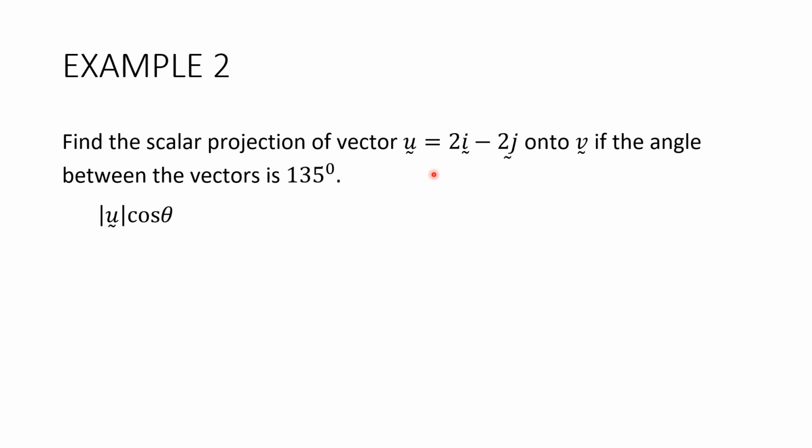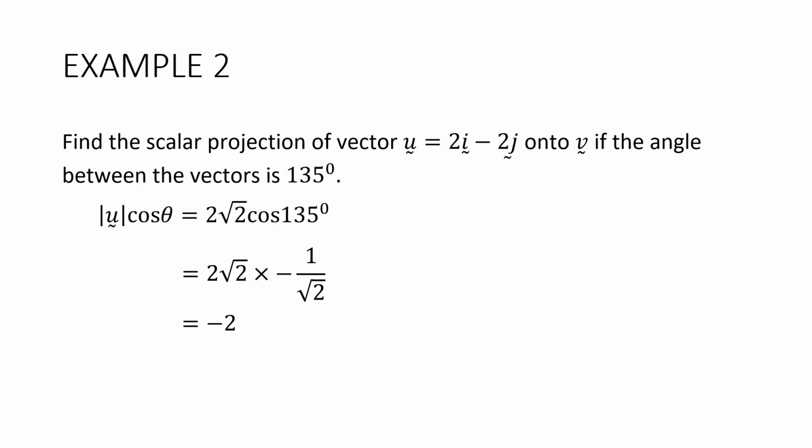The magnitude of u will be the square root of 2 squared plus negative 2 all squared. Square root of 8 or 2 root 2. And theta is 135. And we can see why this is going to be negative, because cos 135 degrees is negative. It's negative cos 45. So simplifying, I end up with negative 2.